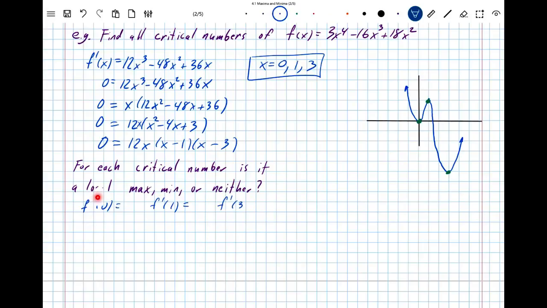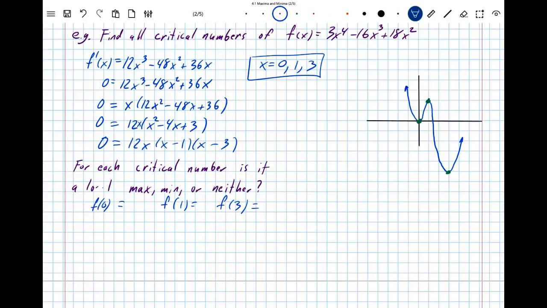Oops, sorry, I don't want to do primes. I want to start over here. I want to do the functions themselves. f of 0, f of 1, f of 3. With a little bit of analysis of that and the end behavior, you could probably figure this out.